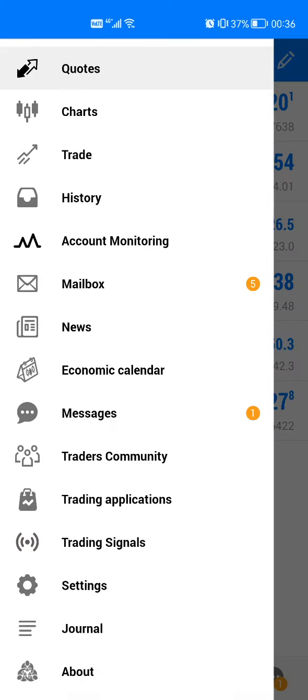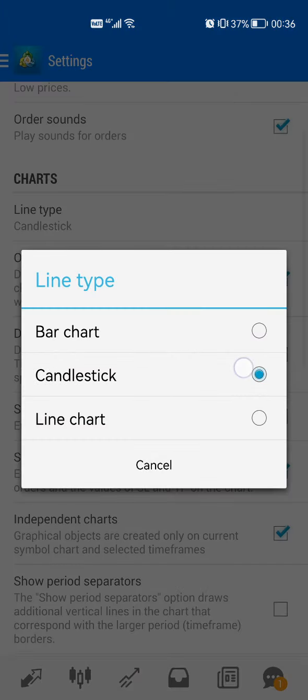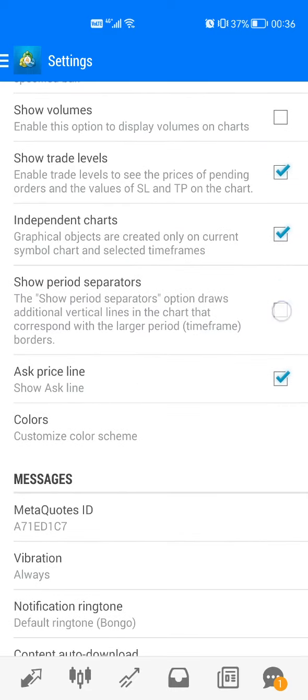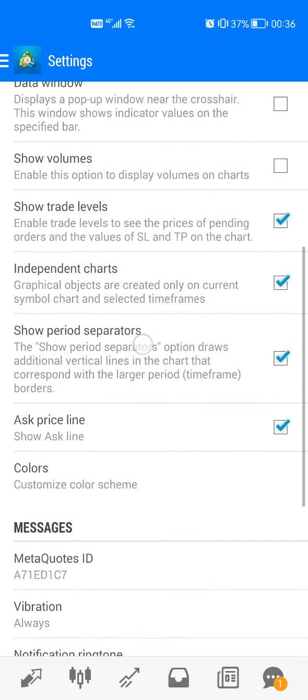So you go to settings, candlesticks, make sure that it's on candlesticks. This is your chart type, depending on what type of chart you like. Then period separators, these are the period separators. They separate days, or weeks, they might separate months.